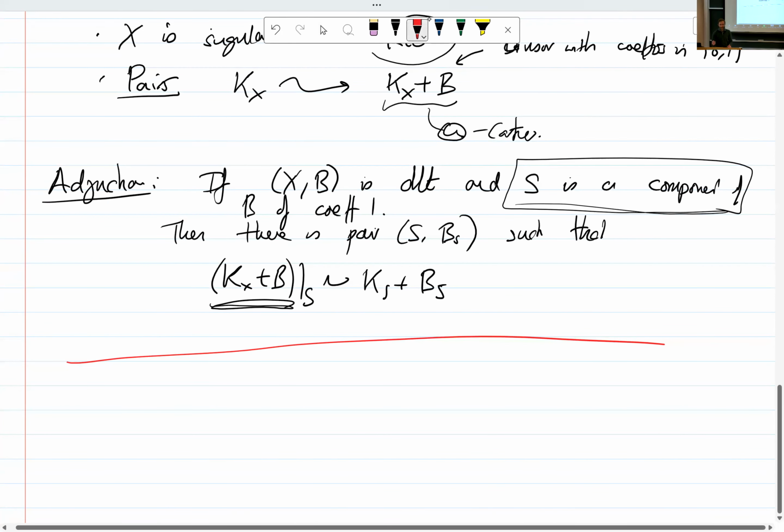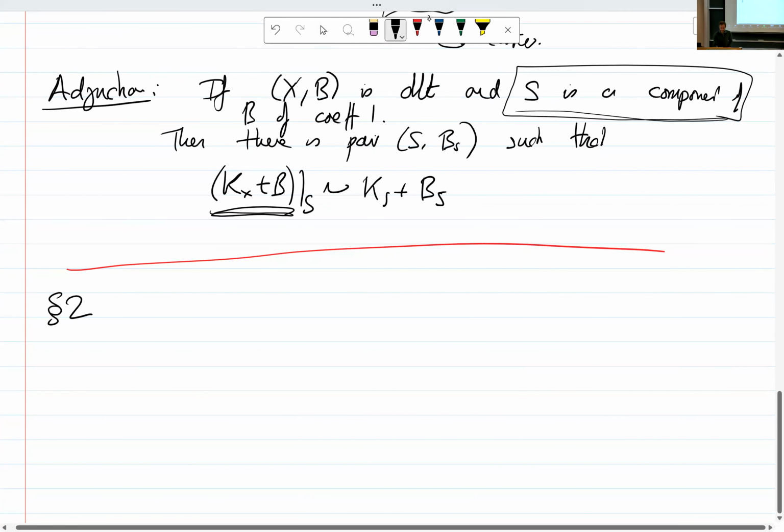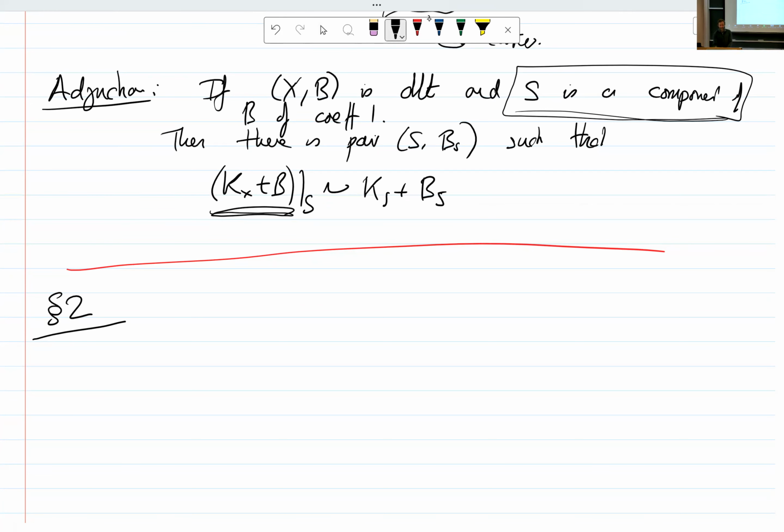Okay, so that was the intro to what is the MMP. Secondly, I want to come back to this R. What is the R? What R's do we want? There's an R here.